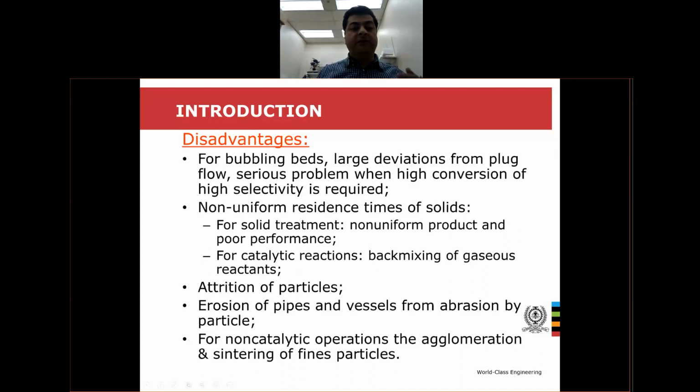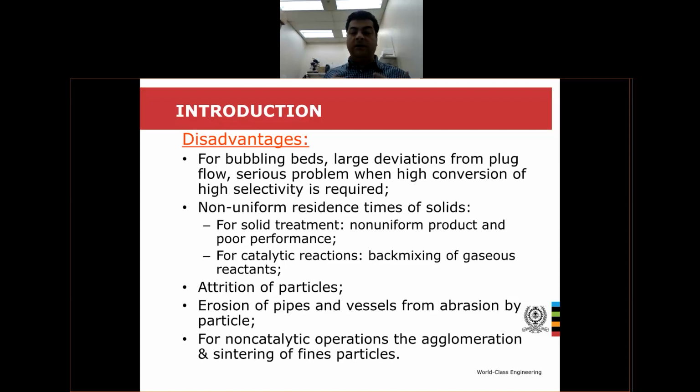And if you have pipes, for example heat exchangers, and other vessels inside, like a cyclone, they could be eroded because of the particles that are hitting the surface of these pipes and vessels.